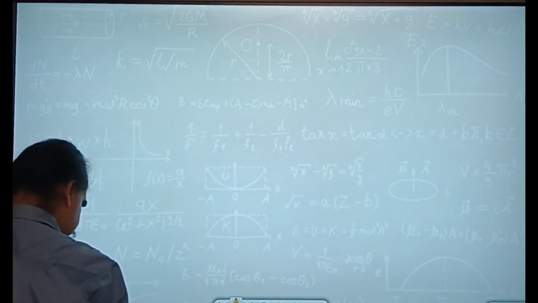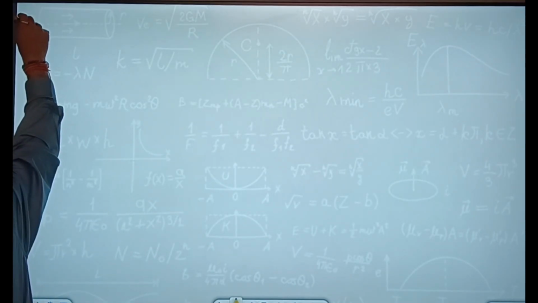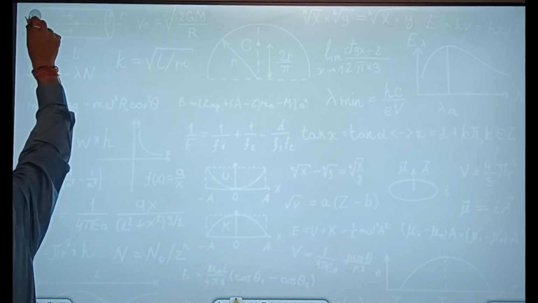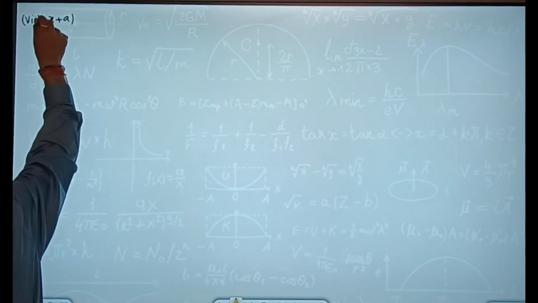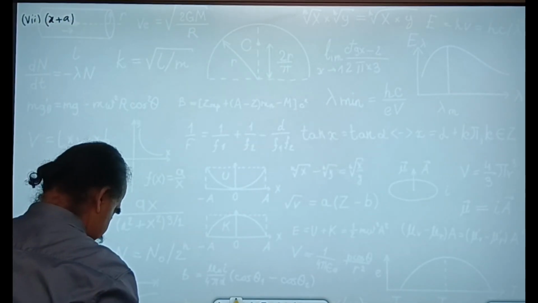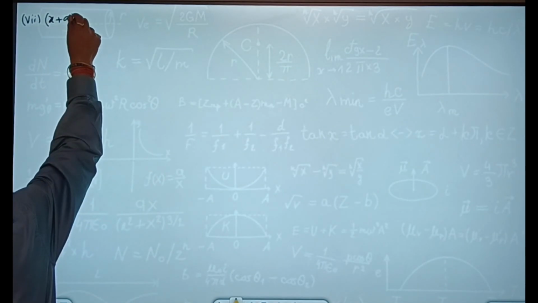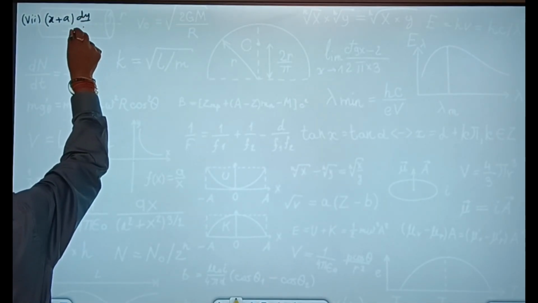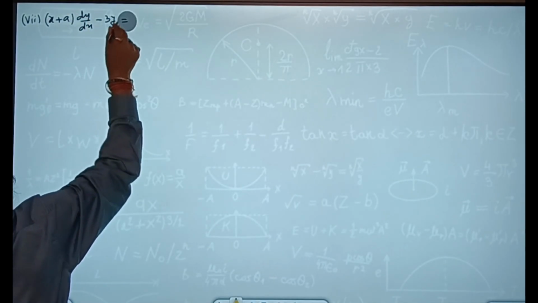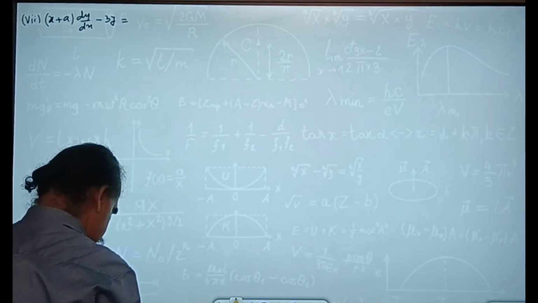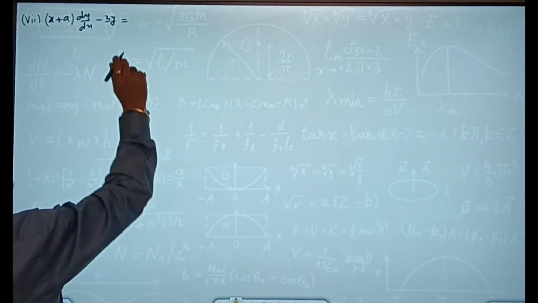Seventh is x plus a, dy by dx minus 3y is equal to x plus a raised to 5.